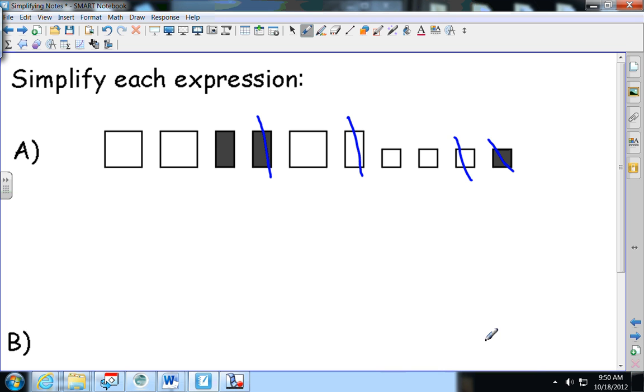We've got 1, 2, 3 x squareds. This right here is a negative x, so we'll write minus x. And then we have 2 positives, plus 2. So when they ask us to simplify, all we're doing is removing our zero pairs.